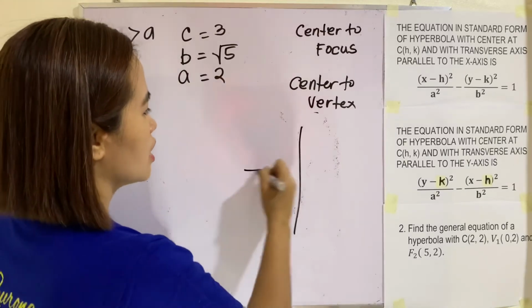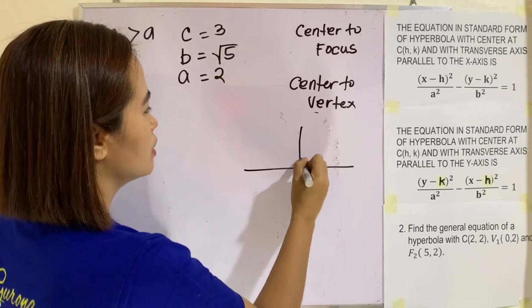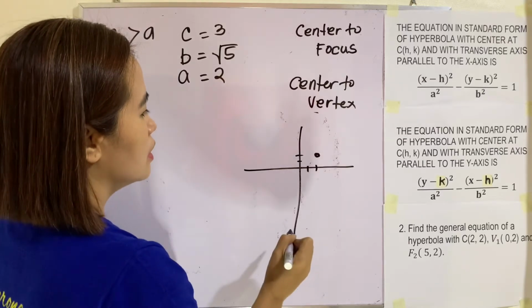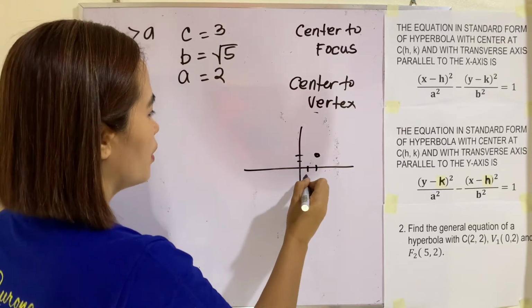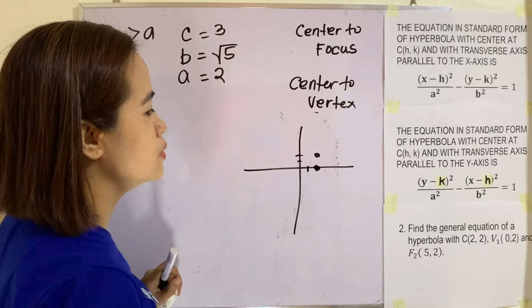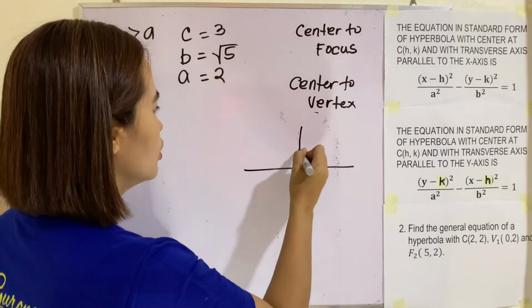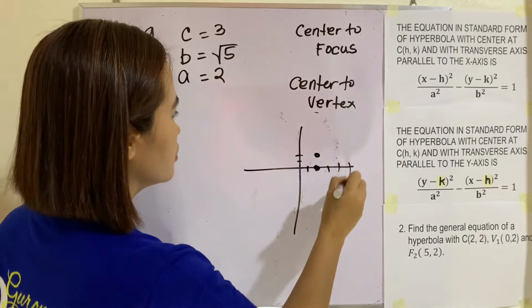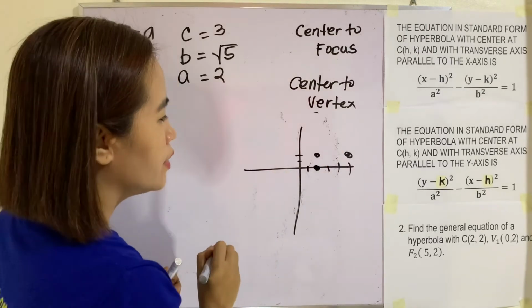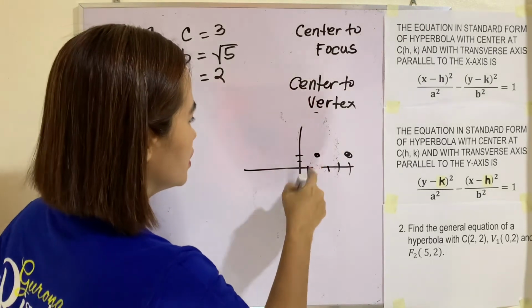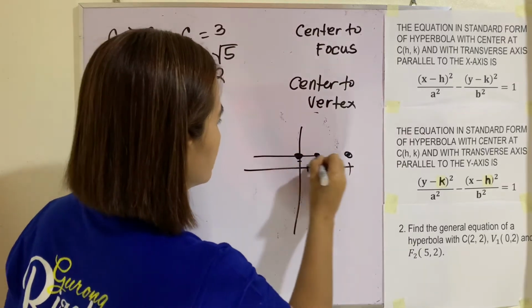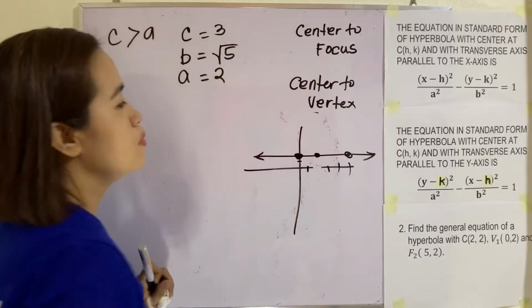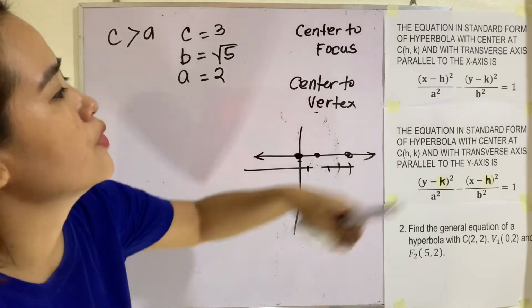If we sketch it, this is (2, 2), and then (0, 2), and then we have (5, 2). So meaning to say, we will be using the first one.